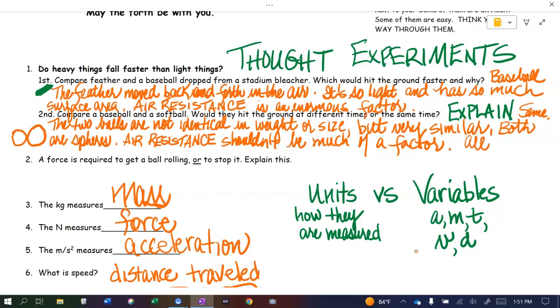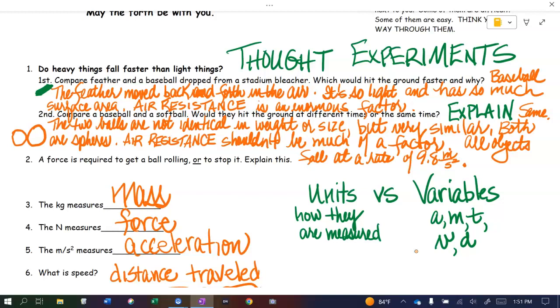So all objects fall at a rate of 9.8 meters per second squared. The acceleration due to gravity, right? All right, so the only exceptions would be things that the air resistance really grabs hold of, like a feather.